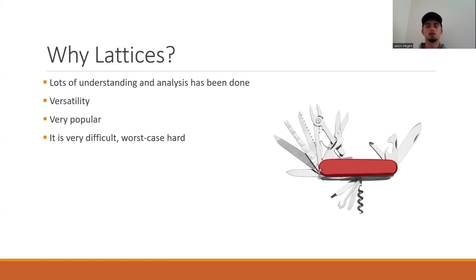In lattices, there are so many more of the really hard problems that make up the total amount of the problem. So it means that breaking lattices is going to be very, very difficult for people to do.